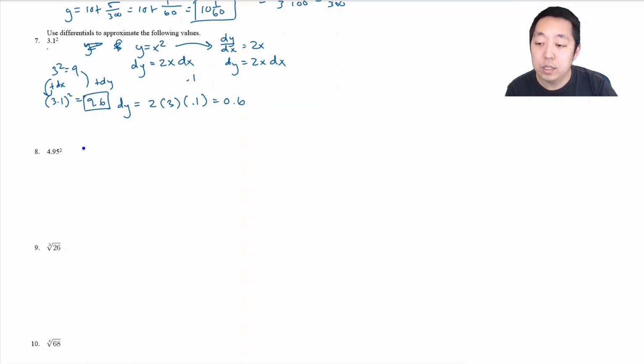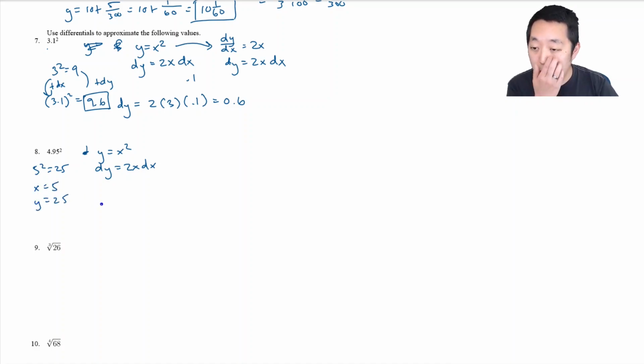Okay. Same idea here. We're going to say y is equal to x squared. So dy is equal to 2x dx. What's the nearest square that I know? 5 squared is 25. So that means my x is 5, my y is 25. And now I want to know when my x plus dx equals, in this case, 5 minus 0.05.